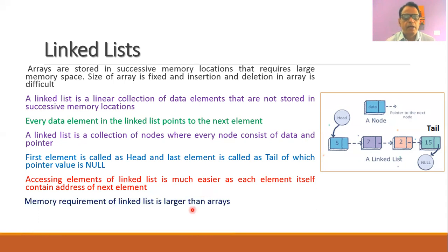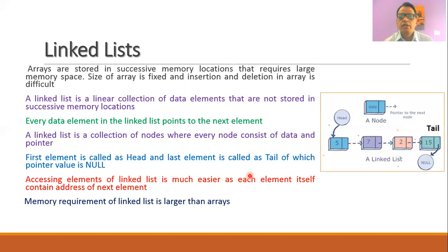The memory requirement for the linked list is comparatively larger than that of an array, because in case of an array, we require only one form of memory location where the data values of the elements are stored.